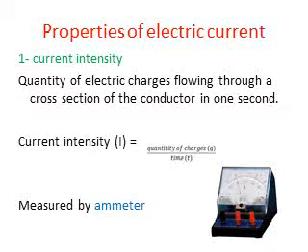We symbolize the current intensity by the symbol I, and can calculate it by dividing the quantity of electric charges by the time. We give the quantity of electric charges the symbol Q and the time T, so I, the current intensity, equals Q over T.